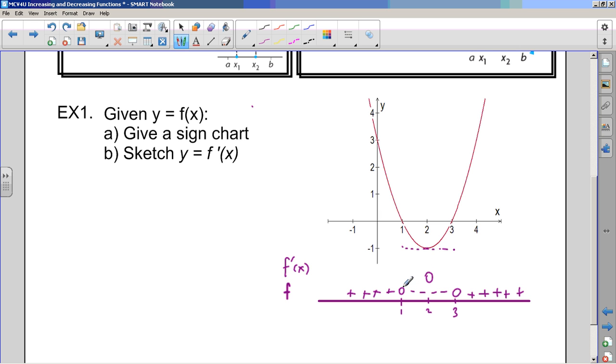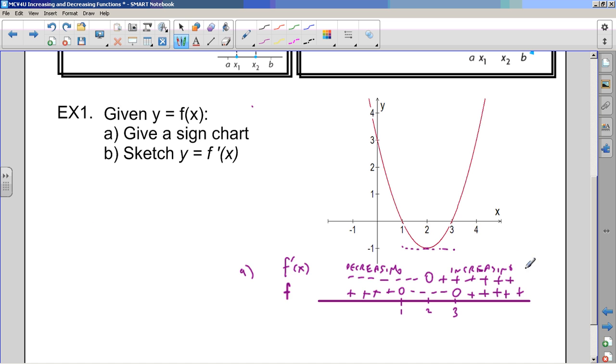And then on the left side, that's where the function is decreasing. So the first derivative would be negative. And on this side, it's increasing, so the first derivative would be positive. Decreasing, increasing. By the way, this is A.